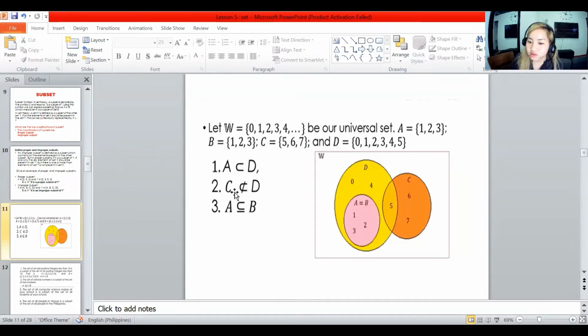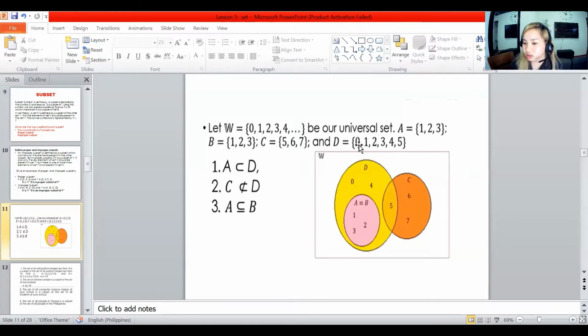Number 2, we have C is not a proper subset of D. So, si C daw is hindi proper subset ni D. Bakit po? Kasi po may mga elements si C na hindi present kay D. So, ang elements natin sa C, 5, 6, 7.